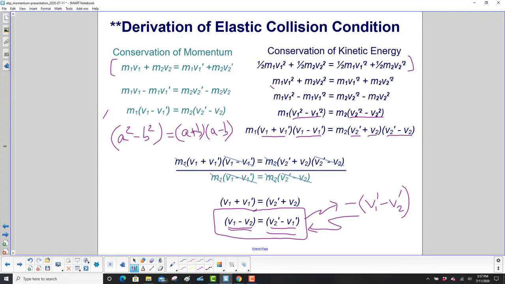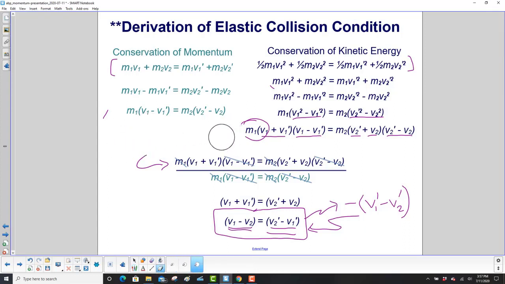And here's the trick. With simultaneous equations, you can divide them and still be valid. So we take this one here, put it on the top, and then we take our conservation of momentum, and let me erase again. Even though I love that factor, it's getting in our way right now. We will take this equation, put it in the denominator. You can check with your math teacher, this is legit.